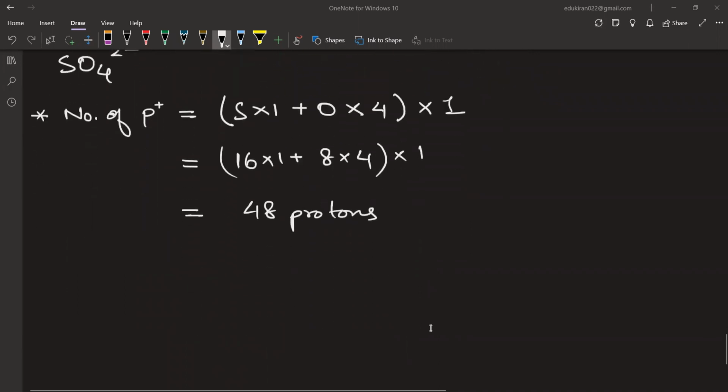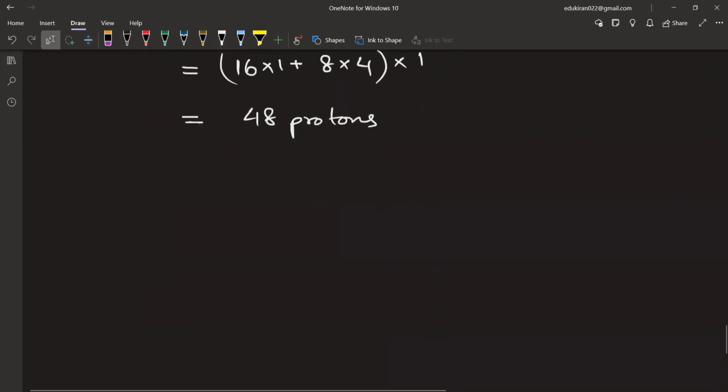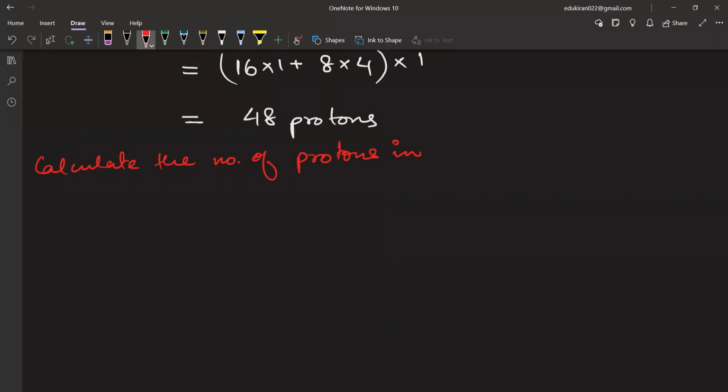Let us say you have to calculate the number of protons in 3.5 into 10 to the power 2 Ca 2 plus ions.